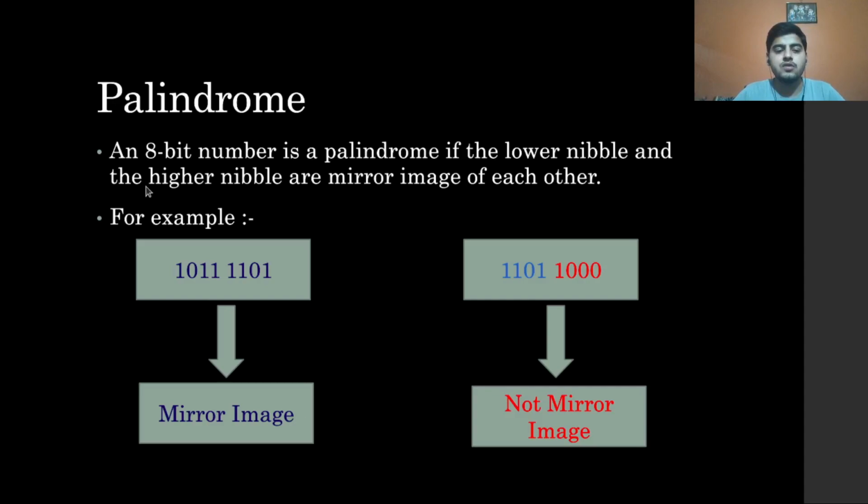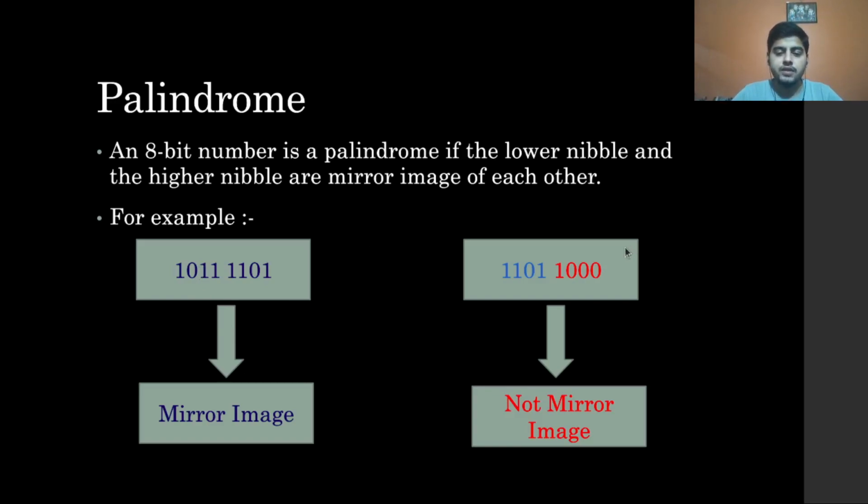In the case of our 8-bit number, we can say that it will be a palindrome if the lower nibble and the higher nibble are mirror images of each other. For example, in this case you can see that the lower nibble is exactly the mirror image of the higher nibble.